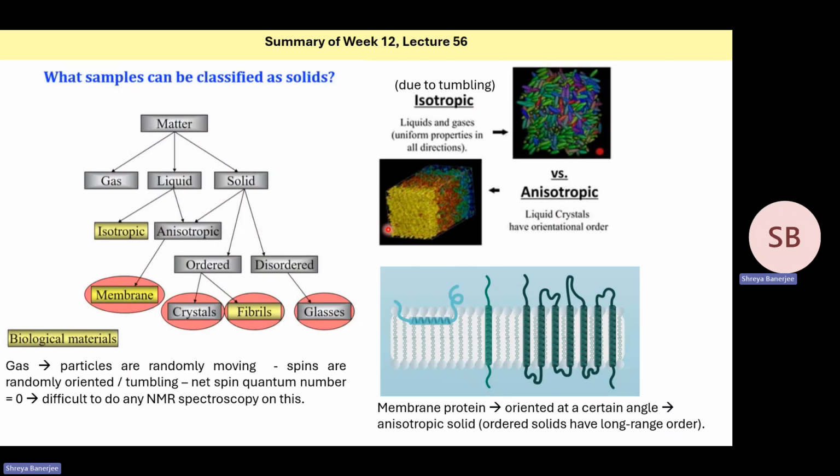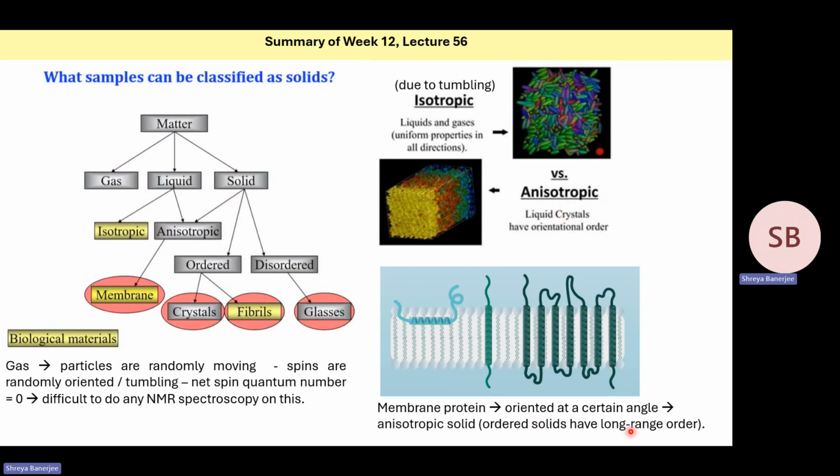Within the yellow part, you have uniformity. Then again, within the red part, you have a different kind of uniformity. So there is order only within the yellow part, but when you go to the red part, again, there is some disorder. So this is called short range order, and this forms anisotropic solids.